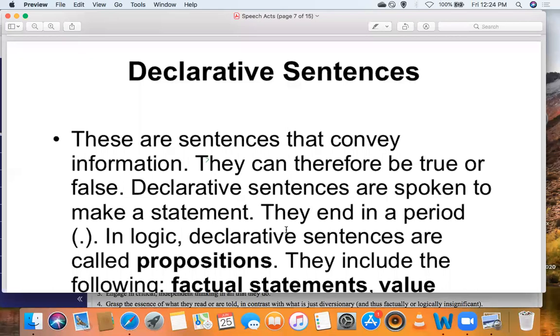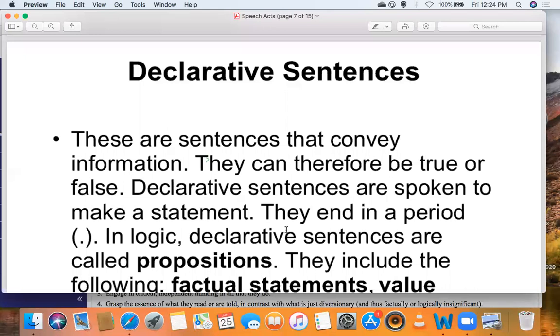So these are the functional differences between these three types of speech acts. Declaratives provide information or they convey information. They can therefore be true or false. Information is capable of being true or false. So if you are providing information, it means the information you've provided can be rated as true or rated as false.